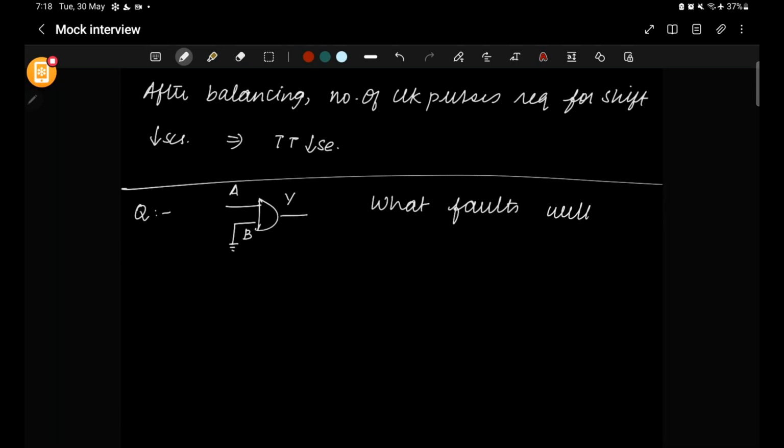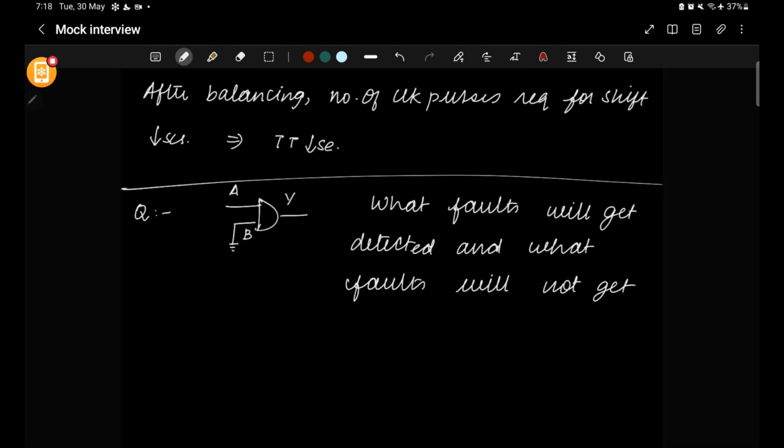What faults will get detected and what faults will not get detected? You can just try it out and you can tell me your answer.